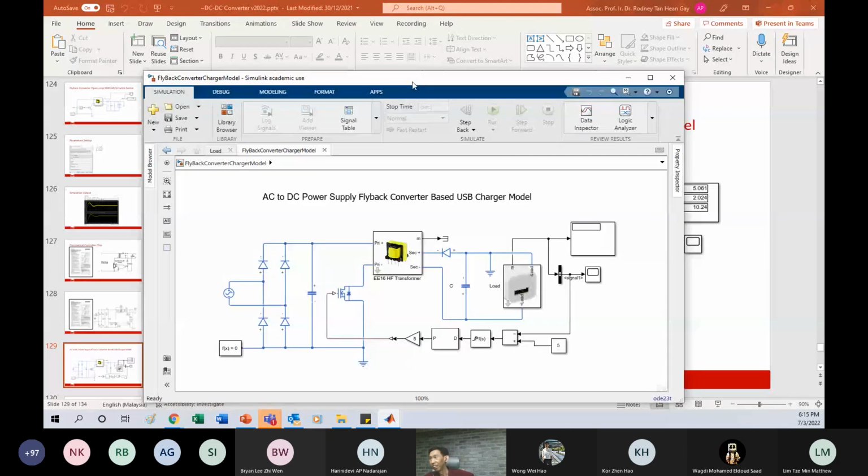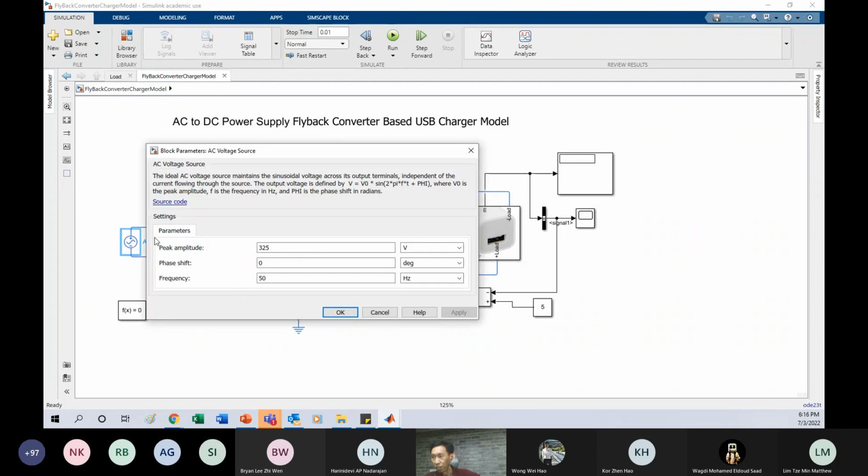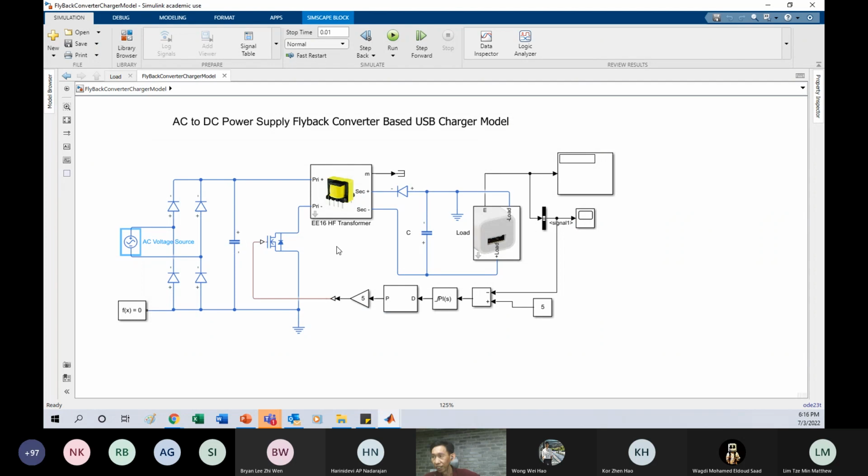So now you can do this model. You already did this part, right? What you need to do is just put a full wave rectifier here, a full wave 325 peak. And this one I model as EE16, which is the code of the transformer.